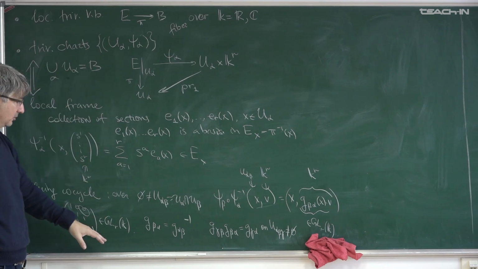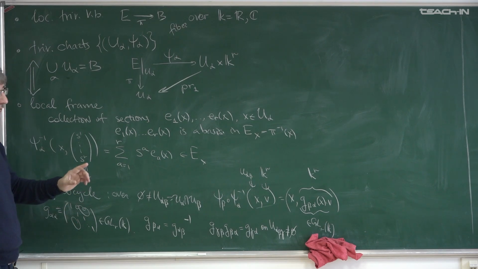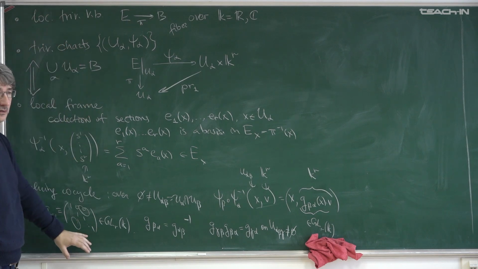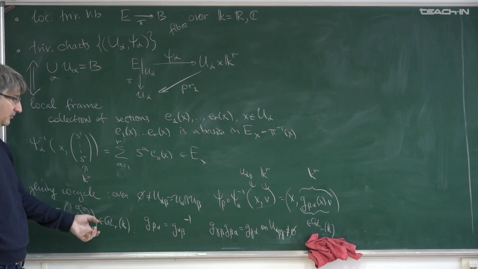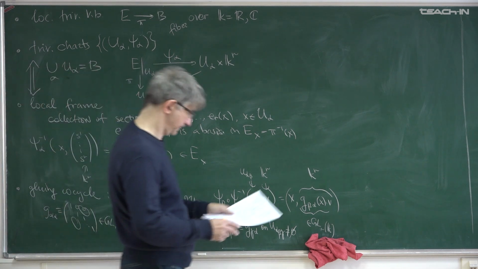It means that you need to impose a kind of equivalence relation on gluing cocycles if you want some kind of one-to-one correspondence between these and those. We will not need it, so let us skip it. But one can write explicit formulas which say which gluing cocycles are equivalent.